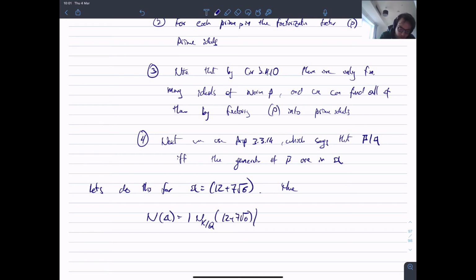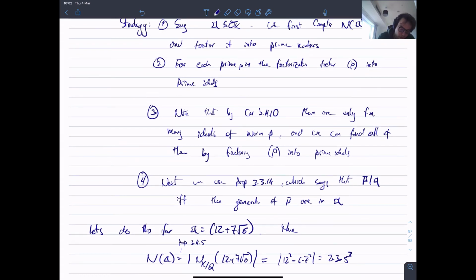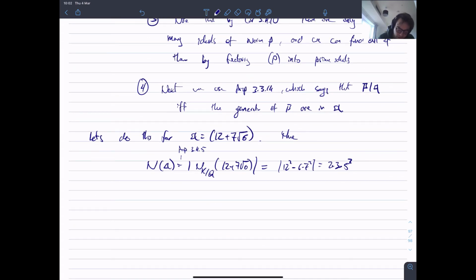This only works for principal ideals. This was proposition 3.4.5. Now we can calculate this: it's 12 squared minus 6 times 7 squared, which works out to 2 times 3 times 5 squared.